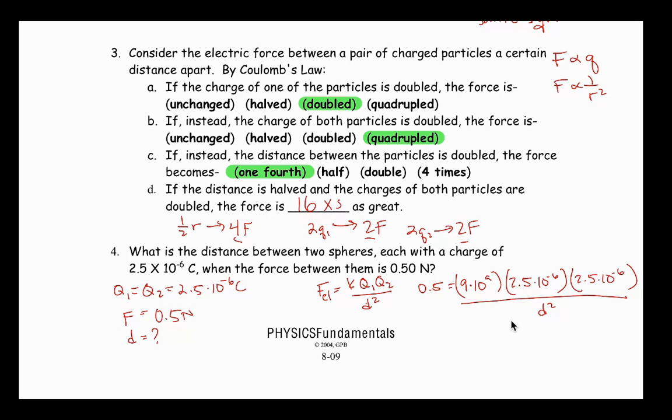Simplifying this, I would have D squared equals 9 times 10 to the ninth times 2.5 times 10 to the negative 6th times 2.5 times 10 to the negative 6 again, all divided by 0.5. And at this point, you can plug it into your calculator and solve.